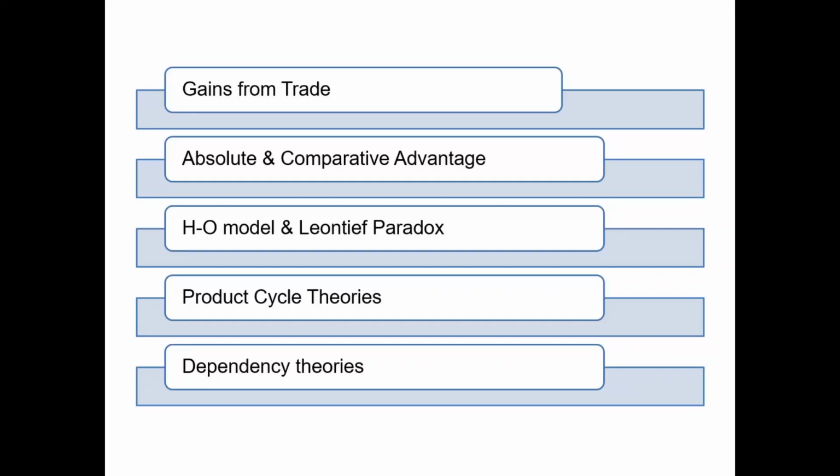Both of them are classic theories from the time of Adam Smith and David Ricardo. Okay, and then the third one is the Heckscher-Ohlin model, as well as the Leontief paradox.